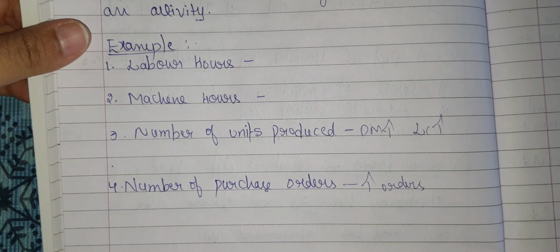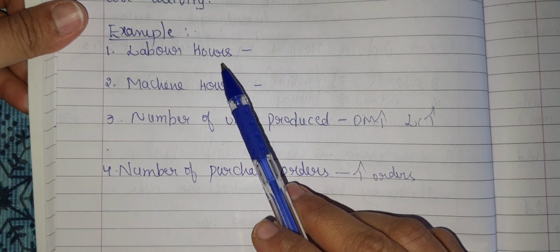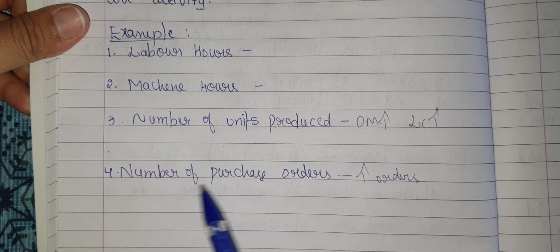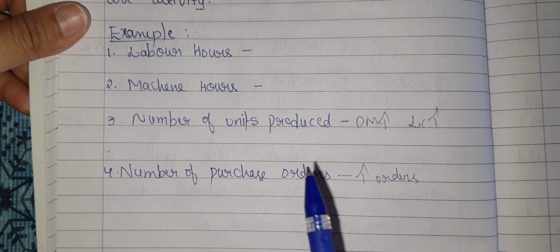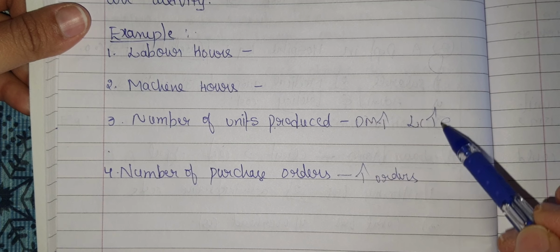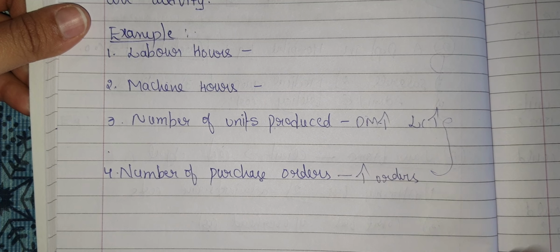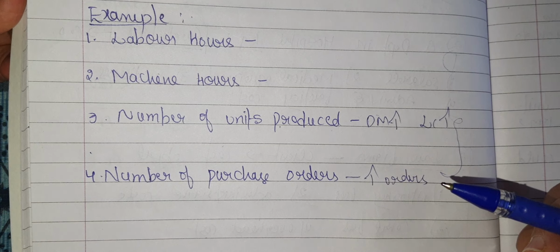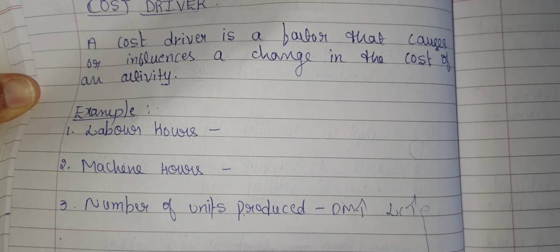Clear? So these are the factors: labor hours, machine hours, number of units produced, number of purchase orders. These are examples of cost drivers, all the factors that cause or influence a change in the cost of an activity.